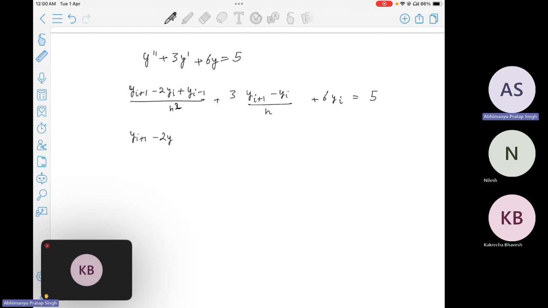Let me see. Solve the above problem for two different values of k.